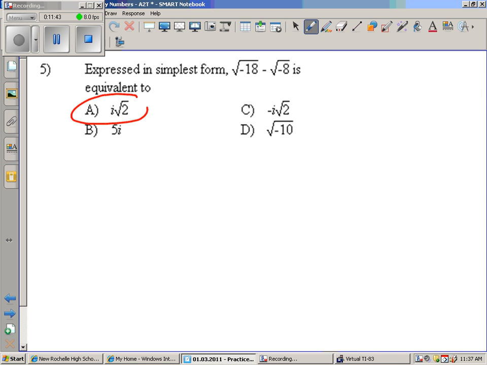But suppose this was a short answer question. How would you attack it? Well, you'd do the following, right? You write it down. And then what's step 1 whenever you have negatives underneath the square root?